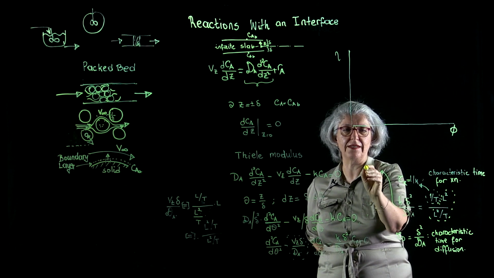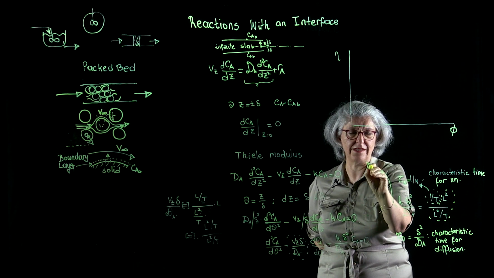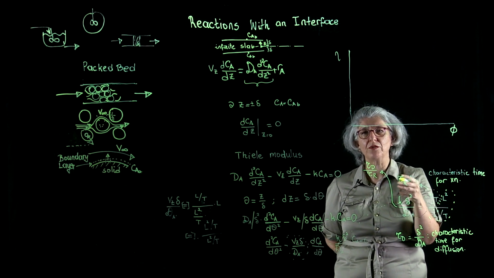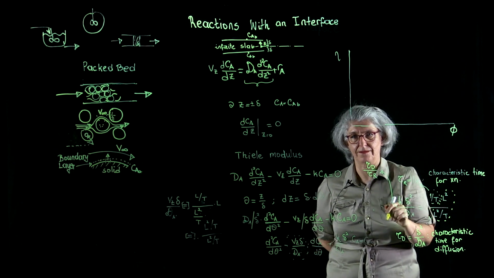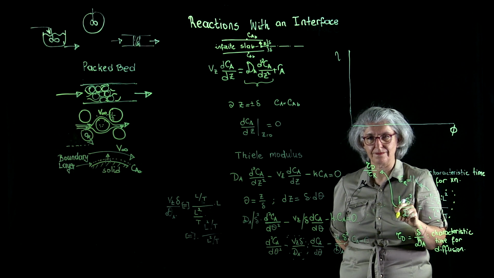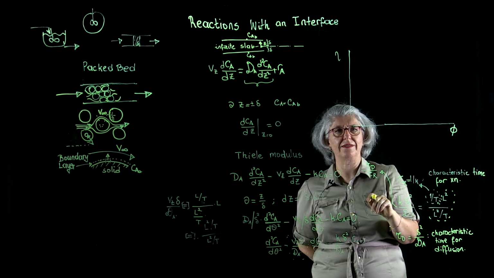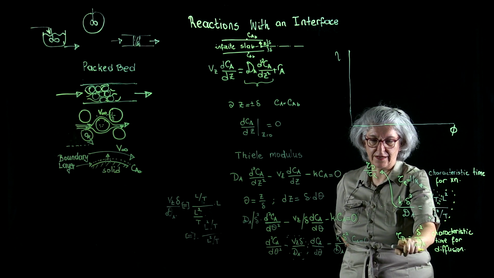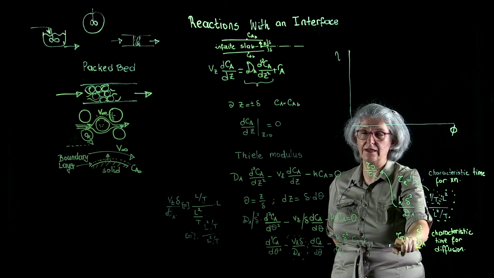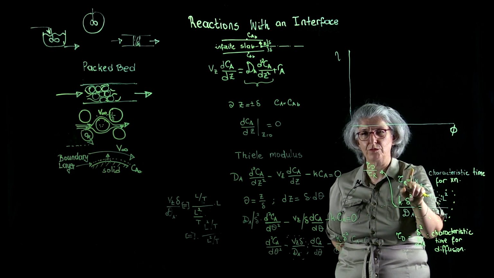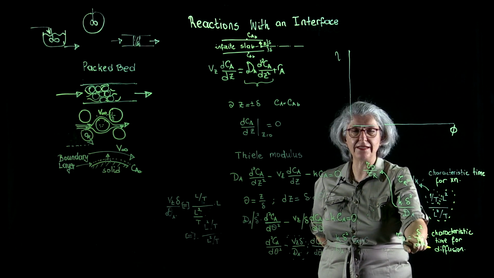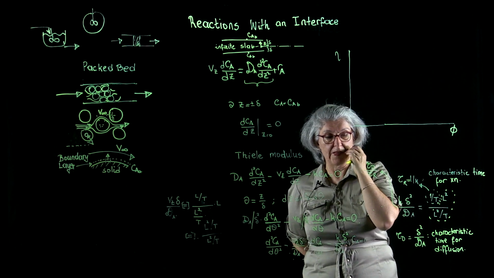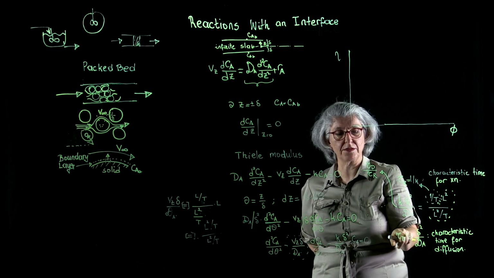And this group is tau sub D over tau sub R. How fast my molecule is diffusing, how fast the molecule is reacting. Now, when D is 0, characteristic time for diffusion becomes infinite. It takes infinitely long for the molecule to arrive at the site. But when D is infinitely large, that characteristic time for diffusion becomes 0.